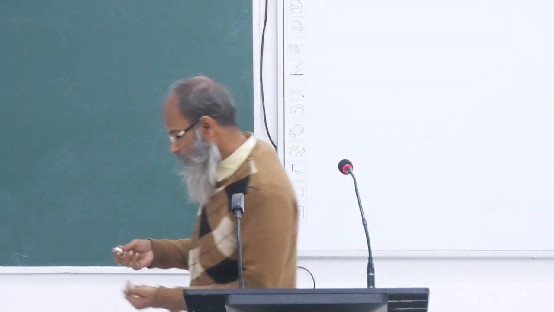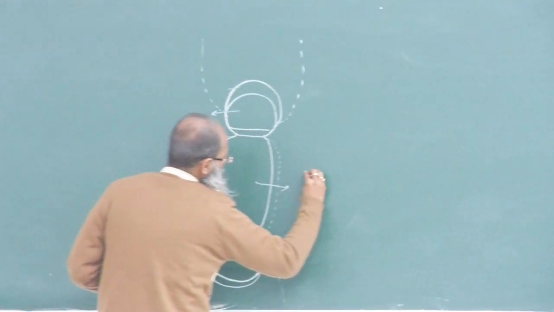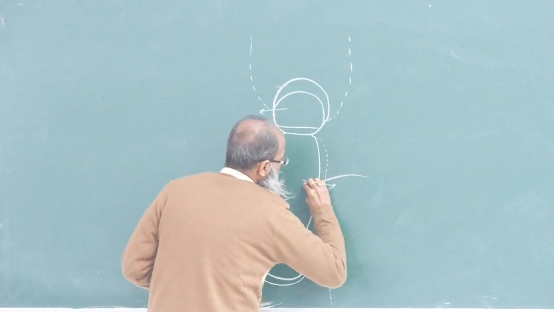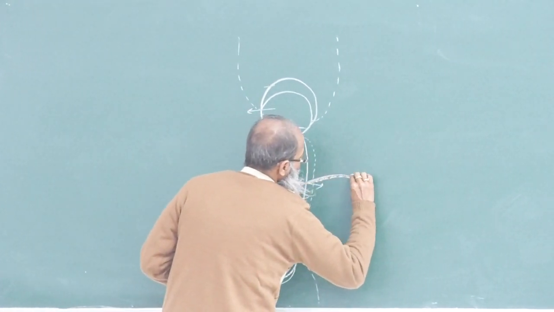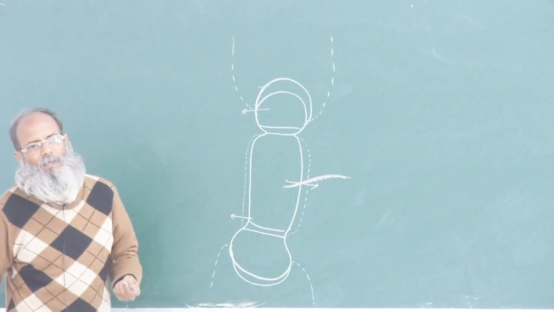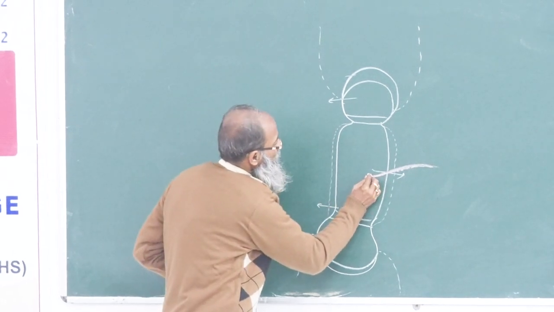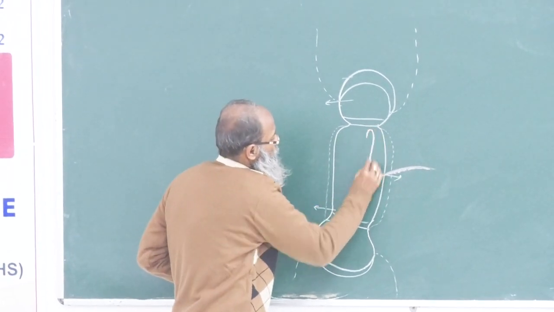Now how is our long bone supplied? This is the nutrient artery entering into the medullary cavity of a bone. These are distributed like, you see the pattern of branching.